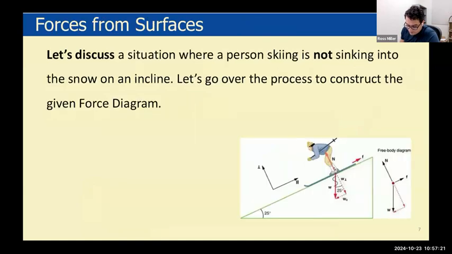Okay, so let's first start with the free body diagram. So let's do the force diagram. So if we have a person, we know that the earth is going to pull down. I like to call it FG. What can the ground do? Well, the ground is going to react a certain way.